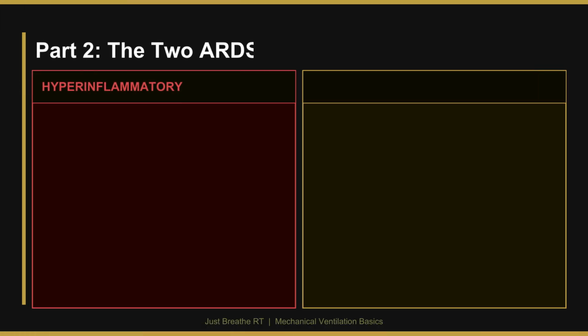One of the most important clinical advances in ARDS research over the last several years is the recognition that ARDS is not one disease. It is a heterogeneous syndrome with distinct biological phenotypes that respond differently to the same treatments. 2 phenotypes have been consistently identified.